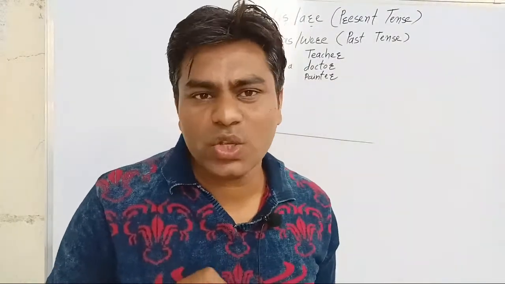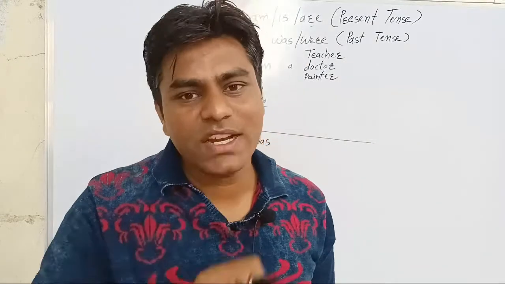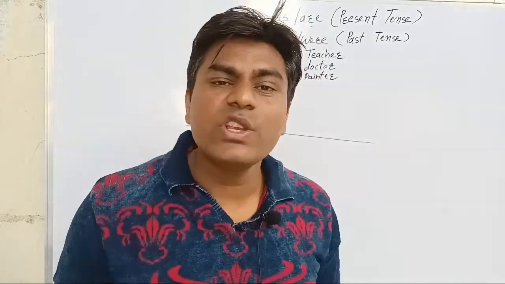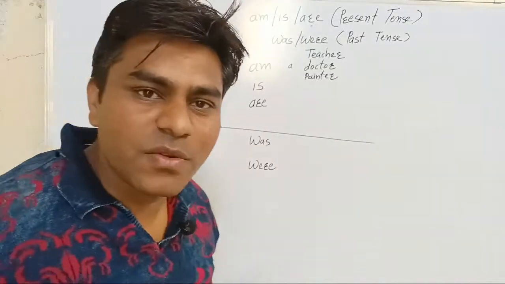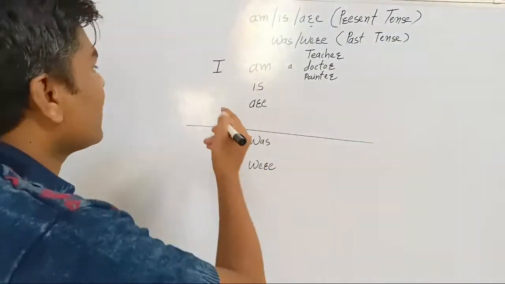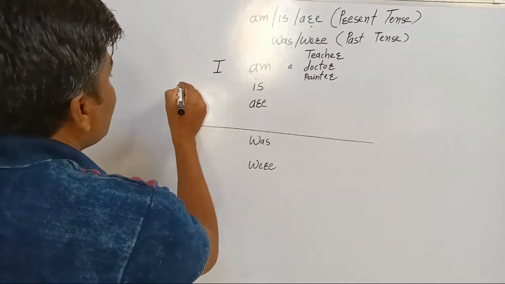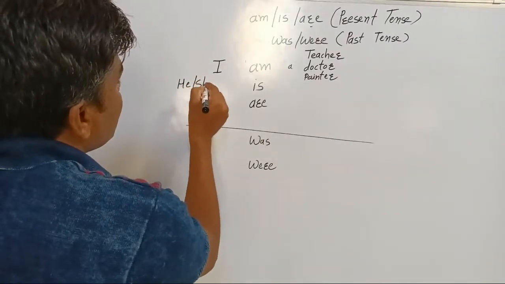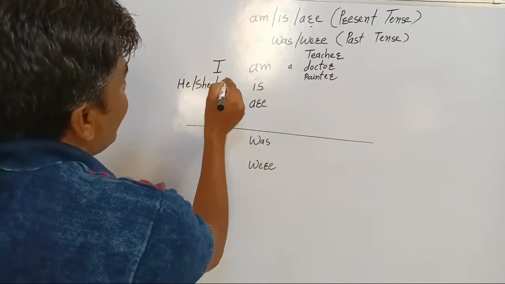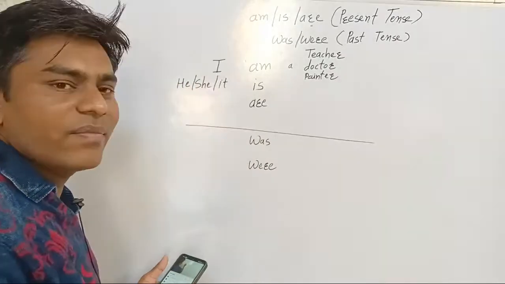Okay. Now is. This is the singular auxiliary verb. With is, which subjects can we use? We can use the third person pronouns here, like he, she, and it. Getting?